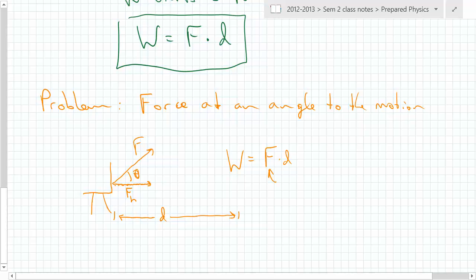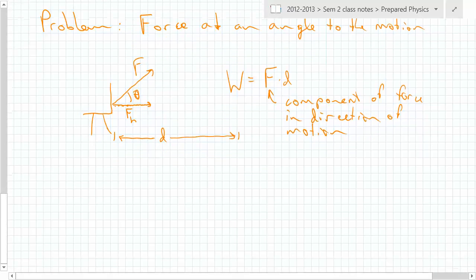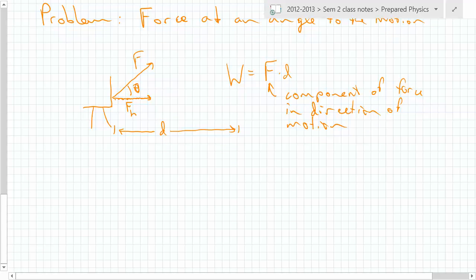And we've got work equals force times distance. But this force needs to be the component of force in the direction of motion. And to find that component, what we do is we take the force applied and multiply by the cosine of the angle.